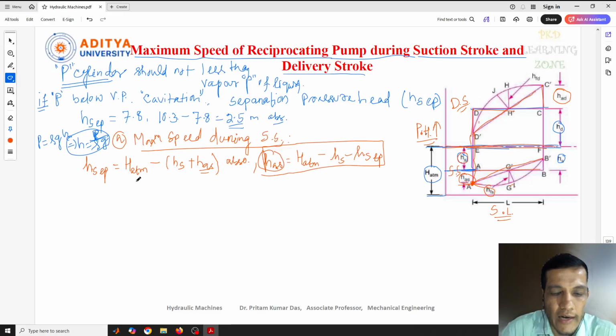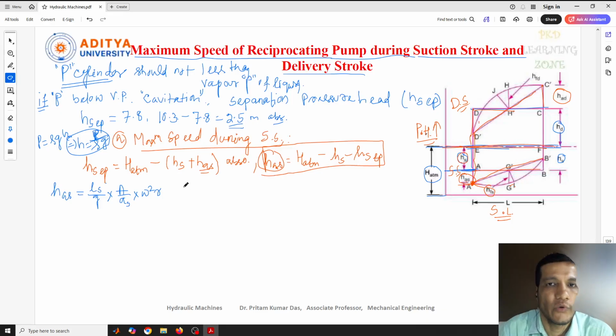Now we know one formula, let me write it here. HAS formula, which we have seen previously, the pressure head due to acceleration at the suction pipe, is LS by G into A by AS into omega square R cos theta. At the beginning of the stroke, theta will be 0 degree, so cos 0 will be 1.